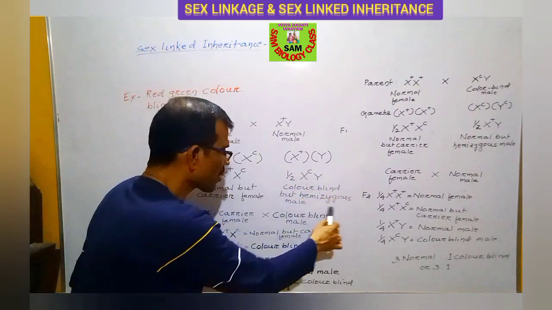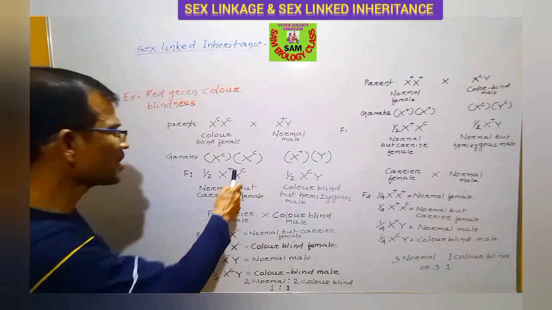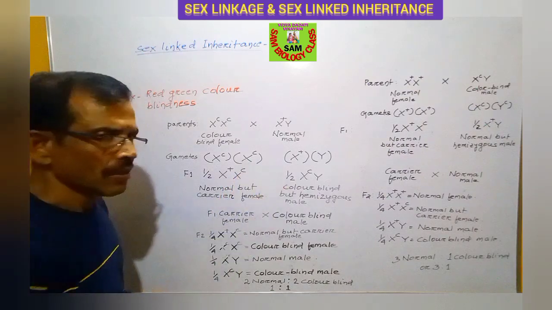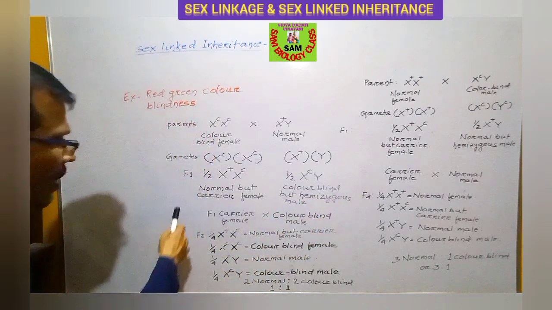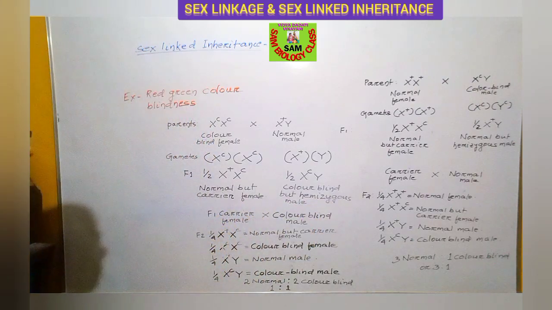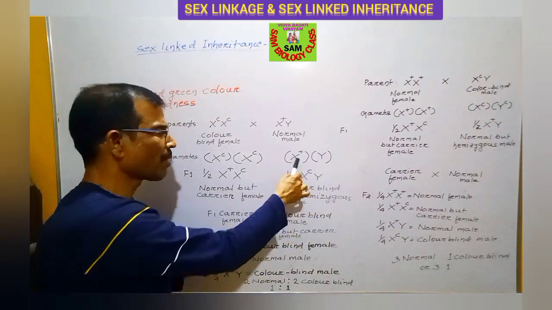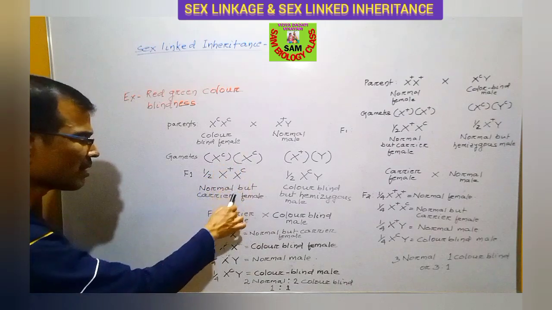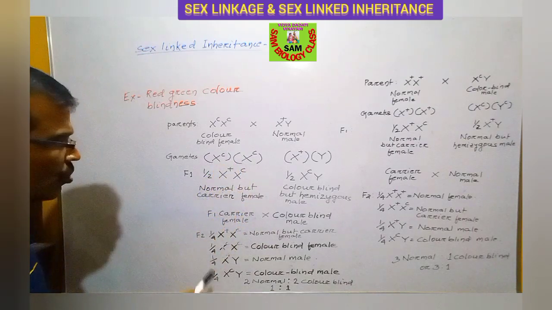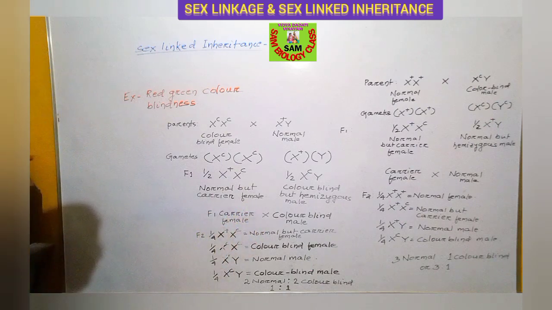All sons are colorblind because they receive the X chromosome with the recessive allele from the mother. But the daughters are normal because they receive one X chromosome with the dominant allele from the father and the remaining X chromosome with the recessive allele from the mother. So here also daughters are heterozygous.